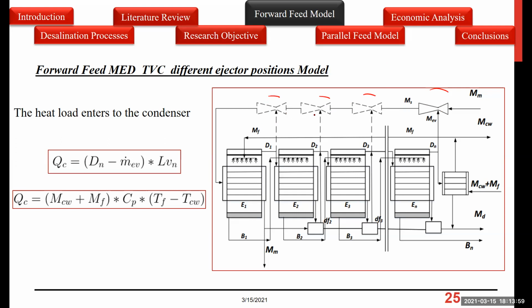So we did the analysis in a way that the vapor can be entrained from this effect, or this, or this, or that one. So that choice was left open. But we're looking for the case where we're going to have better performance of the unit. So which location is going to result in the best operation for the unit?